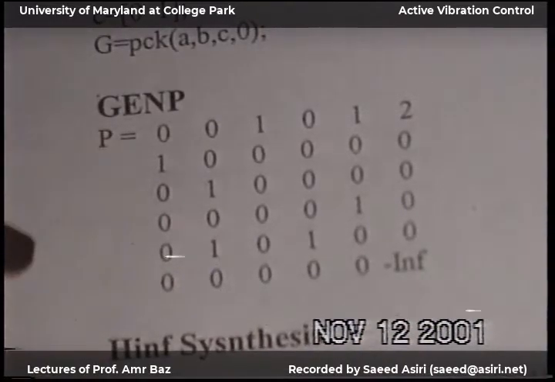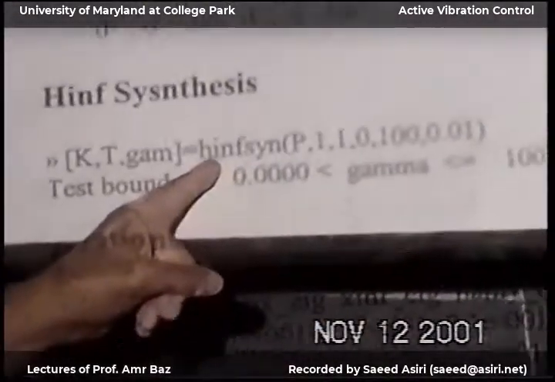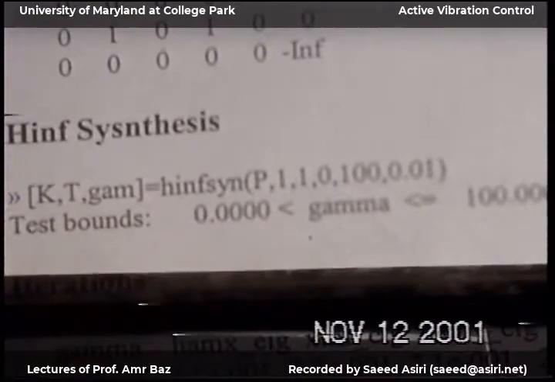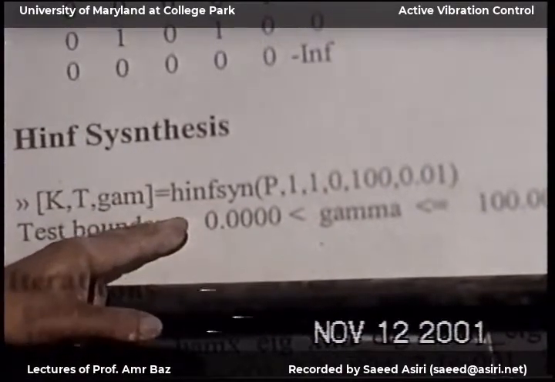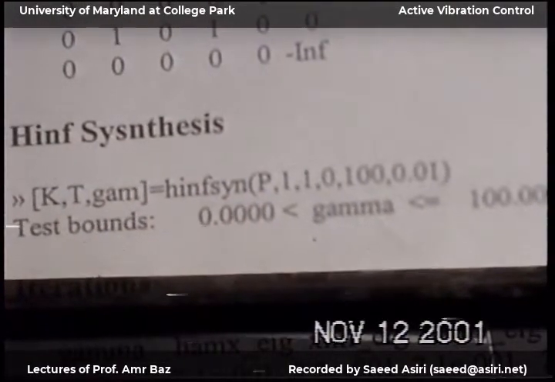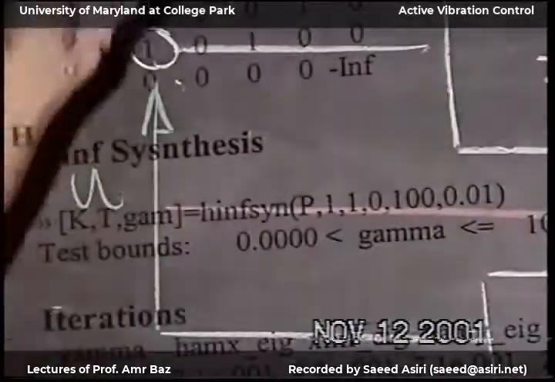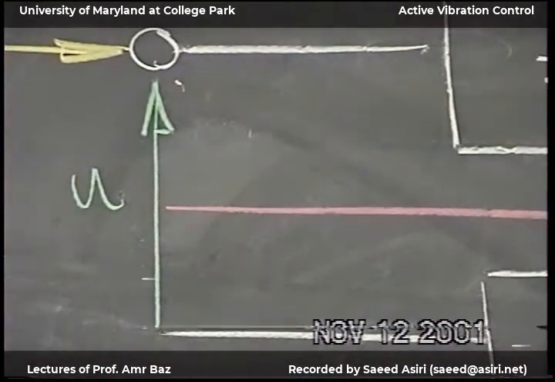Now I go in, and then ask for this command: synthesis of the H infinity controller. Synthesize the H infinity controller for me. I have the P. Everything is augmented in it. Now this example that I have has no weighting matrices.